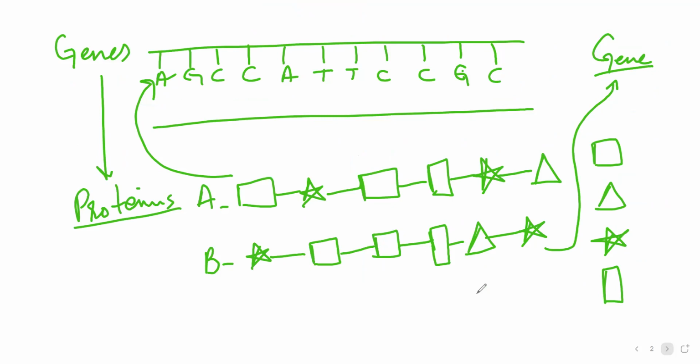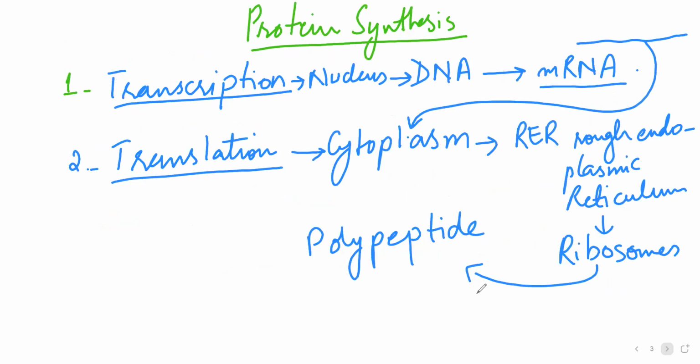That is basically the amino acid sequence of the protein that makes a protein different from another. I have just told you how A is different from B, because of the sequence of the amino acids, and that is determined by the sequence of DNA nucleotides, or the base sequence that is present in the DNA.